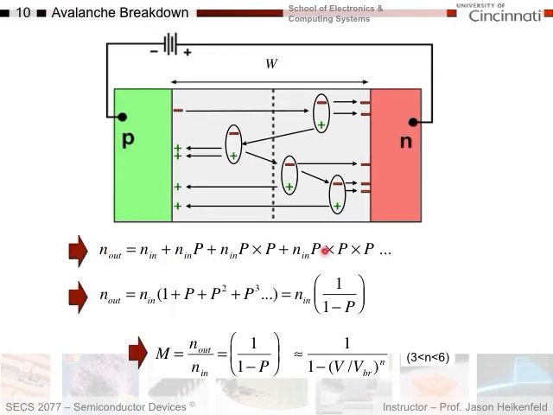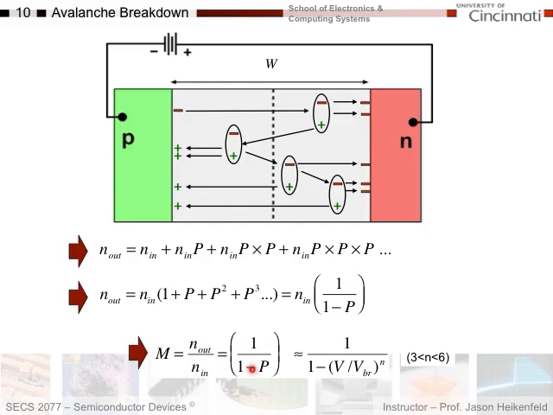And so we end up with this, which again is a simple power series, which we can equate using this equivalency here, where here's my probability, here's my number of electrons in, and my multiplication factor for this type of a device, which will be the number of electrons coming in over the number of electrons coming out, is basically equal to 1 over 1 minus the probability.